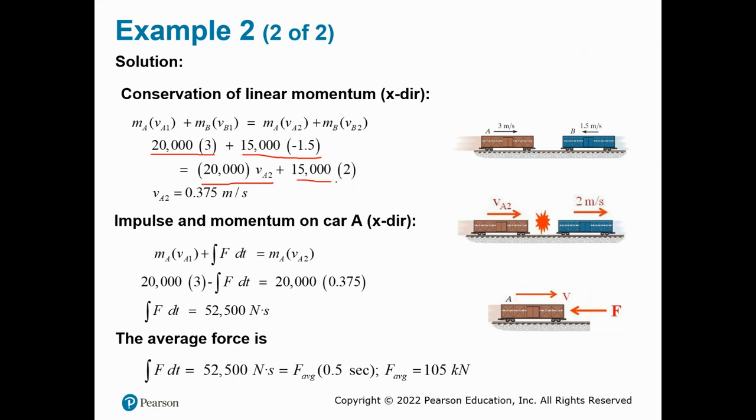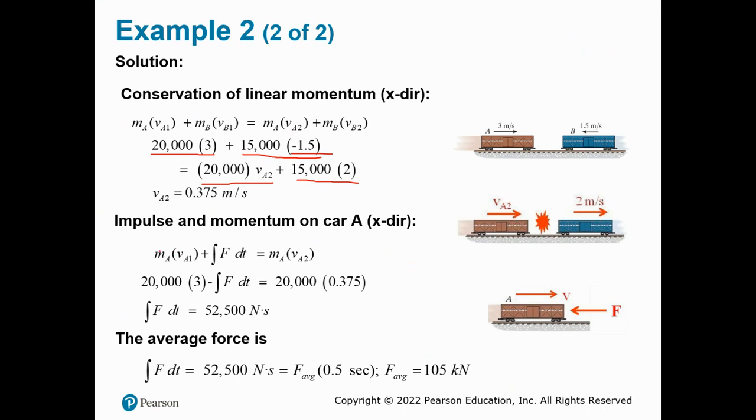We know the velocity of B is going to the right at 2 meters per second. Initially it's negative 1.5, to the left. So initial linear momentum equals the final linear momentum total. This will help us calculate how big the velocity of A is after the collision.